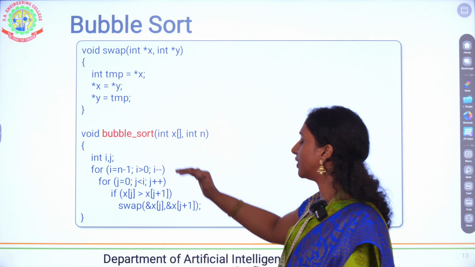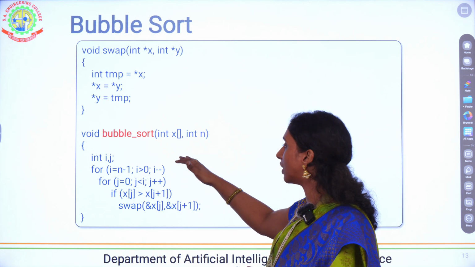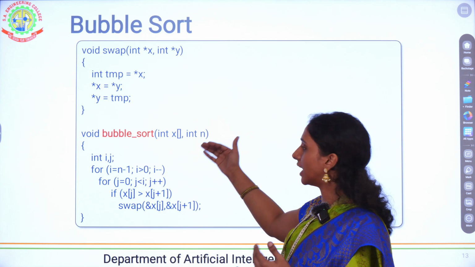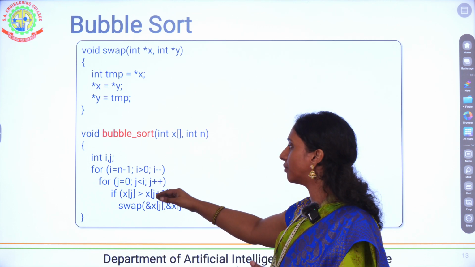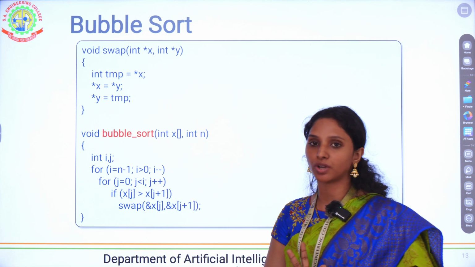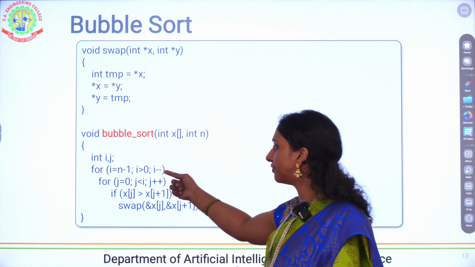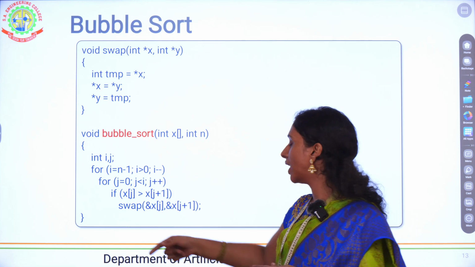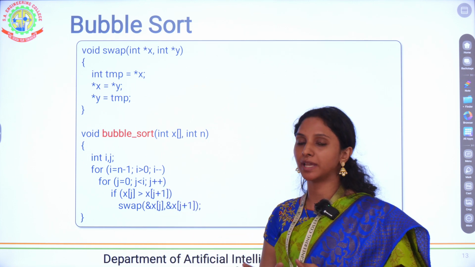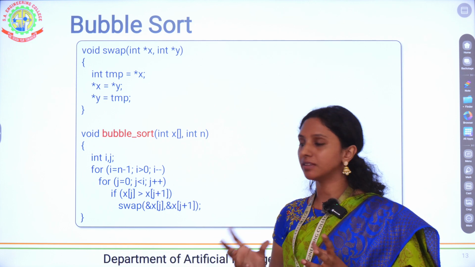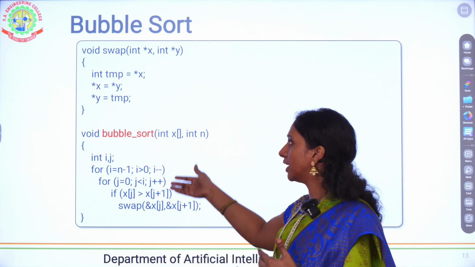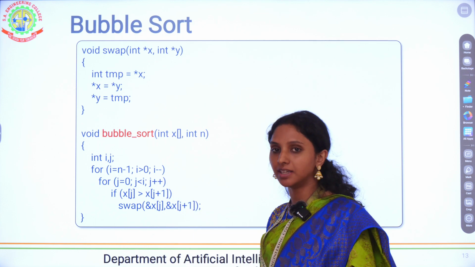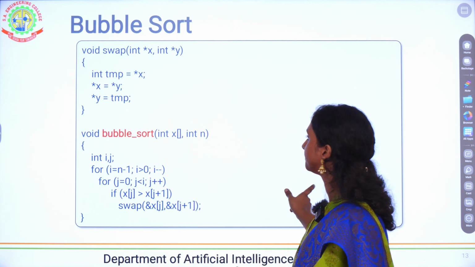In the next one, we are writing a function for bubble sort, where we are sending the array and the size of the array as the parameters, and by the code we can see we have to write two for loops. The outer for loop is to find out how many passes we have to continue, and the inner for loop is mainly for comparing the two elements, and also in this inner for loop we will call the swap function. If there is a need, we can swap it.